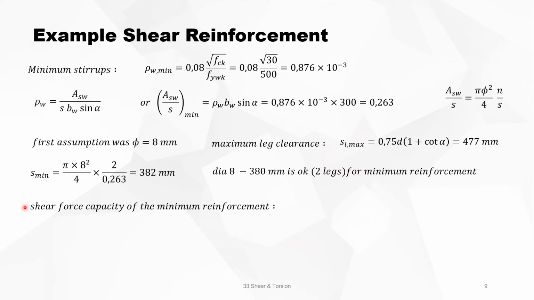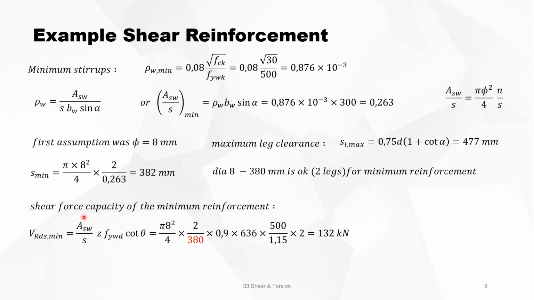The shear force capacity of the minimum reinforcement is then, that is the capacity of the shear reinforcement ASW divided by S. So we fill in 380 because we've chosen 380, not 382, and it's 132 kilonewton. So the minimum reinforcement that we've placed can take up 132 kilonewton of shear force.